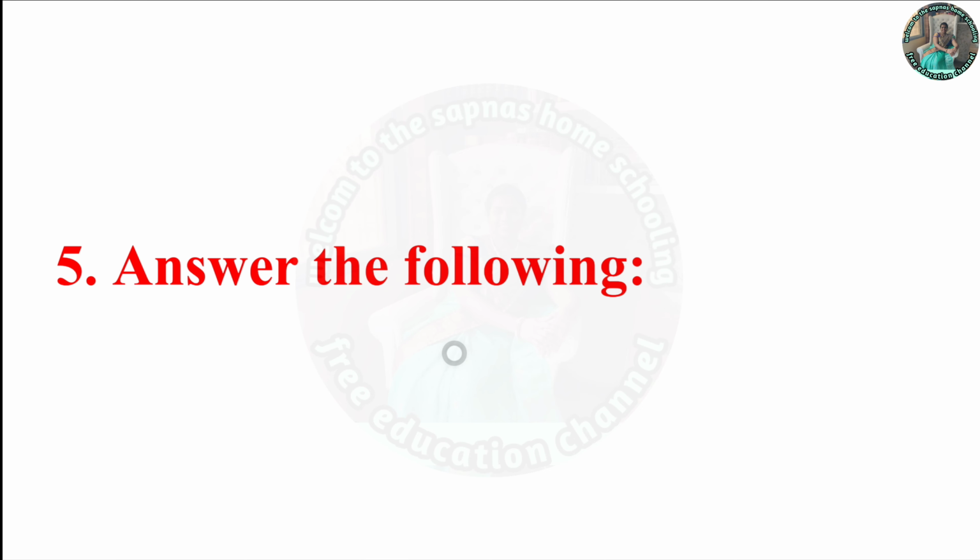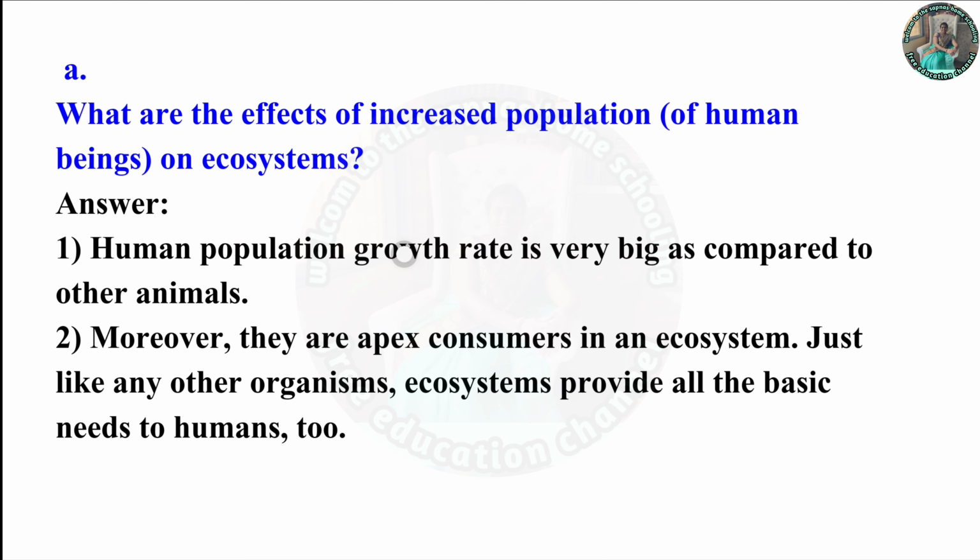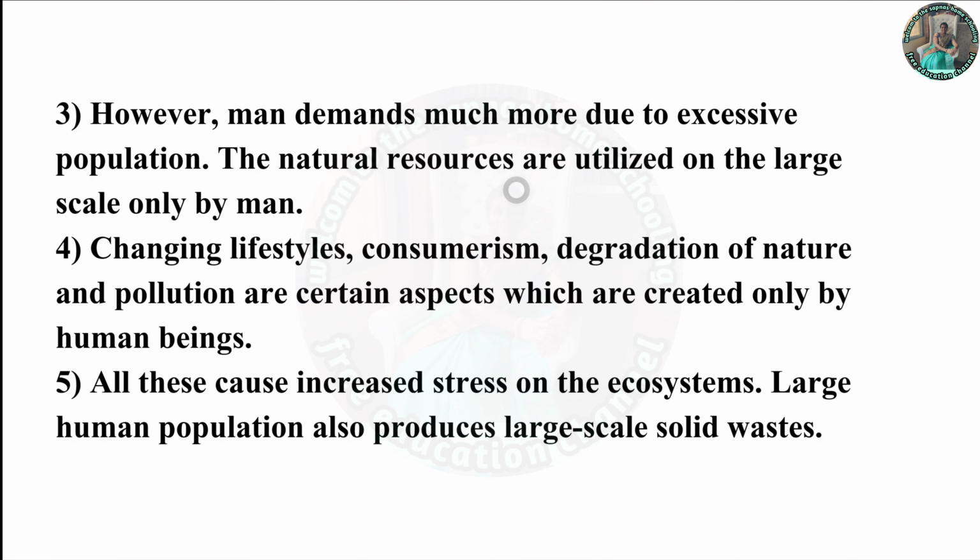Question 5. Answer the following. What are the effects of increased population of human beings on ecosystem? Human population growth rate is very big as compared to other animals. Moreover, they are apex consumers in an ecosystem. Just like any other organisms, ecosystems provide all the basic needs to humans too. However, man demands much more due to excessive population.